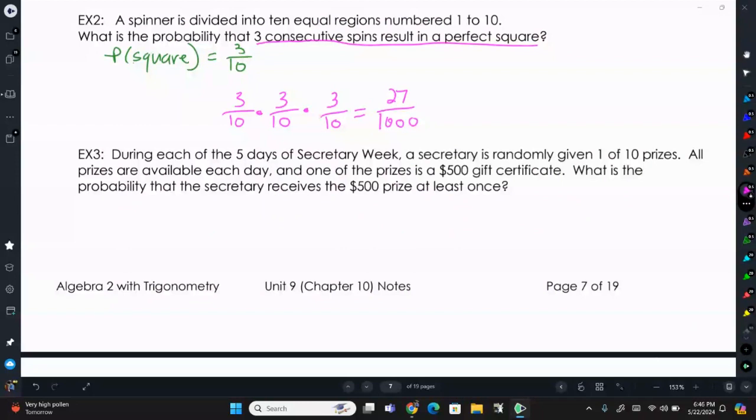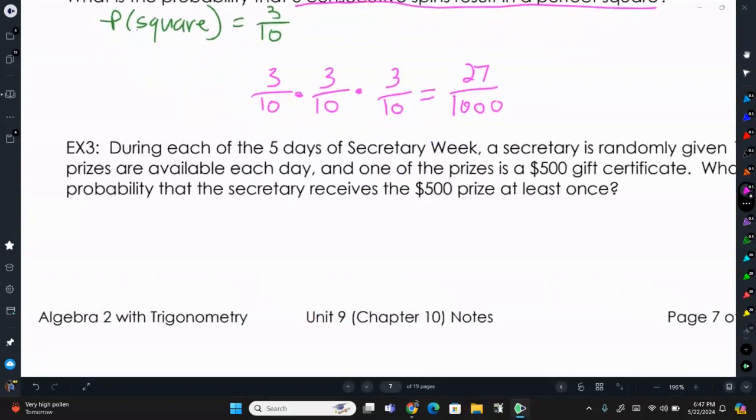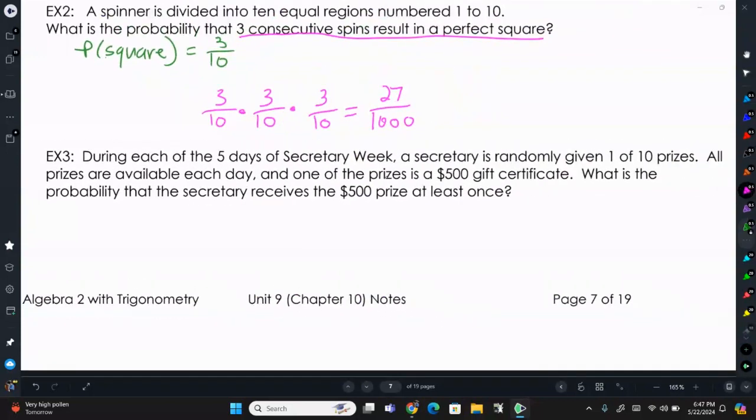So what we want to do is think about the complement and say, what is the probability that she doesn't win it at all? What is the probability that she does not get this prize? Well, she gets a prize every day, and one of those prizes is a $500 gift certificate.